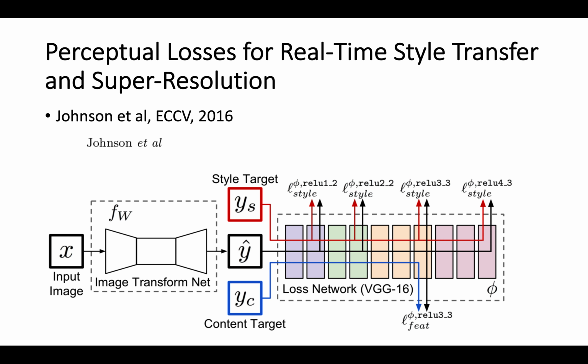In March 2016, a group of researchers from Stanford University published a paper which outlined a method for achieving real-time style transfer. The paper, titled Perceptual Losses for Real-Time Style Transfer and Super Resolution by Johnson et al., shows that it is possible to train a neural network to apply a single style to any given content image with a single forward pass through the network.